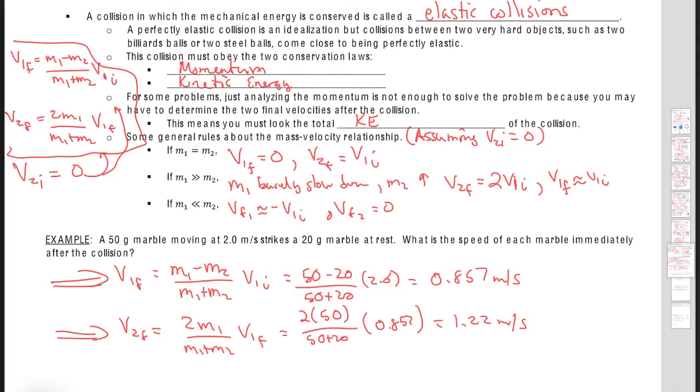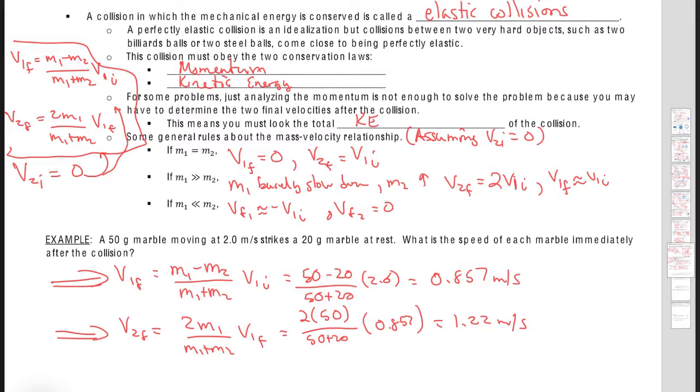I will probably do a video to show where these two equations come from. These equations assume that the second object is not moving initially, so I can show you what happens if we don't make that assumption.